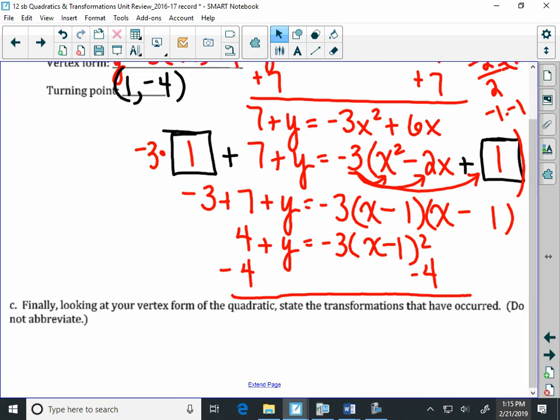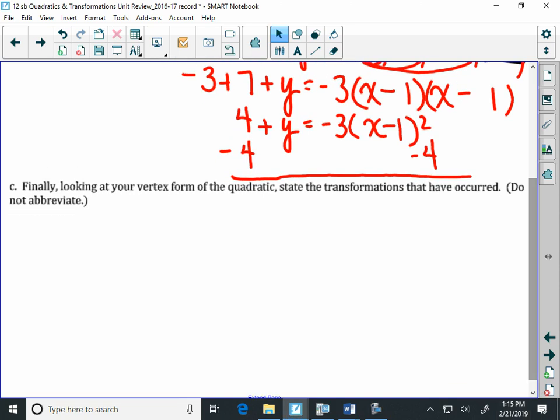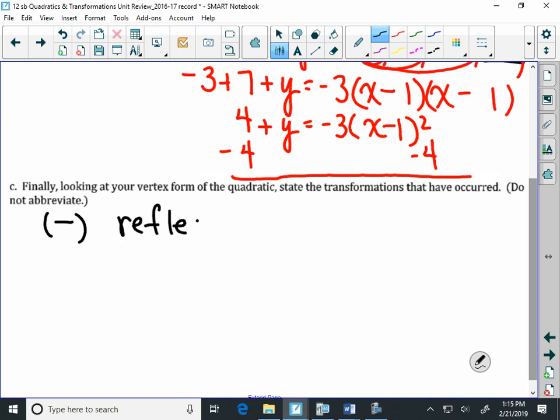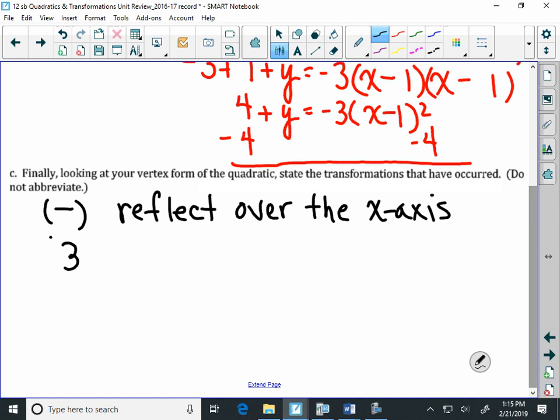Then lastly, we need to identify all the transformations. And I don't always do this, but the negative out in front of the equation means that we're going to reflect over the x-axis. The 3, so notice that I separated them, because it looks like negative 3.